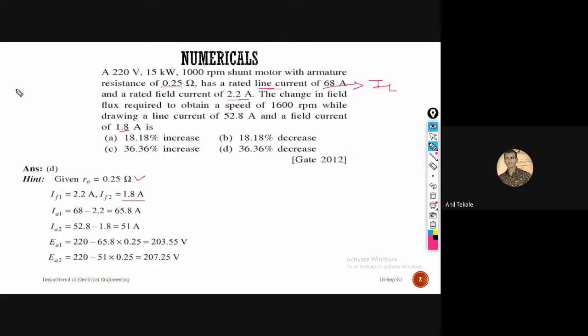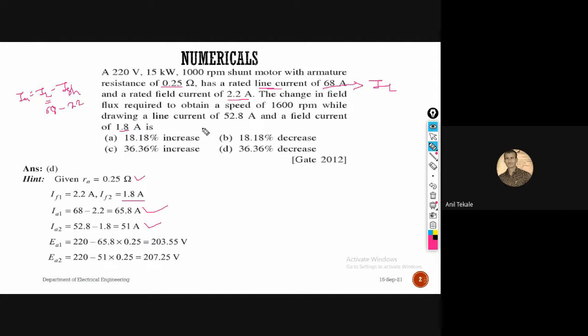But as we know, in case of a DC shunt motor, IA is equal to, what is the equation? IL minus ISH or IF. So IL is 68 minus ISH is 2.2, so we calculated IA1 as 65.8, and similarly IA2 as 51 ampere.